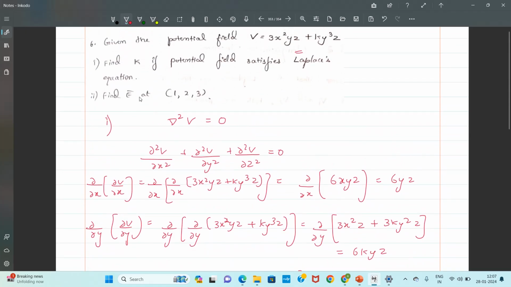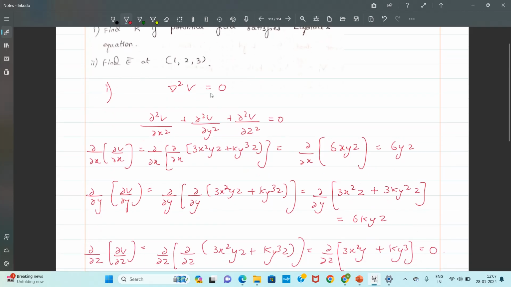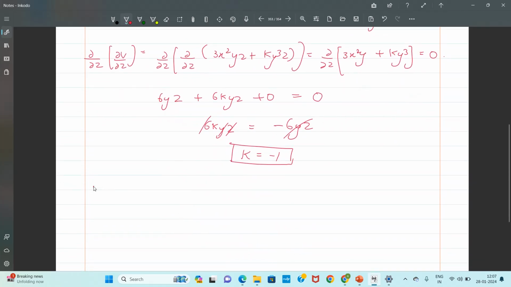Now coming to the second question, they're asking you to find E value at certain points. Okay. So you should know the relation between E and V, which is minus del V, right? And del is nothing but your divergence operator, which is dou by dou x ax, you can keep this minus outside, plus dou by dou y ay plus dou by dou z az.